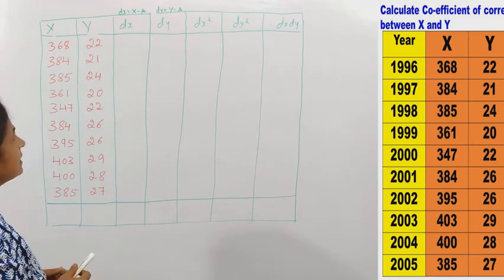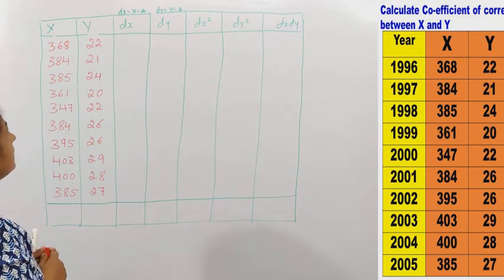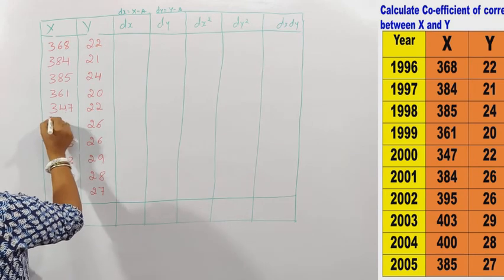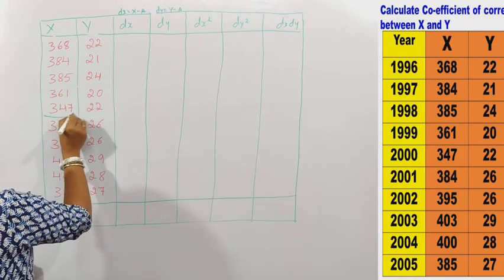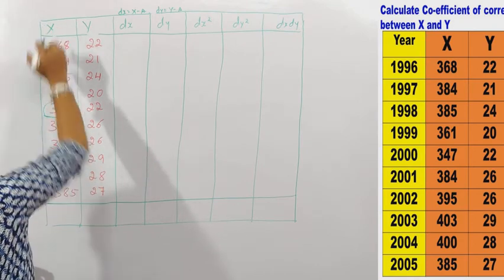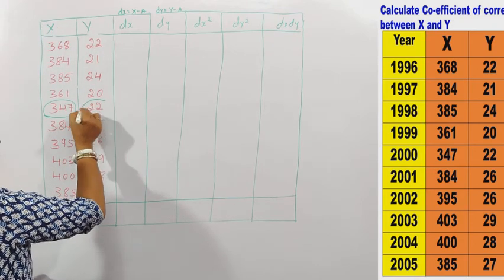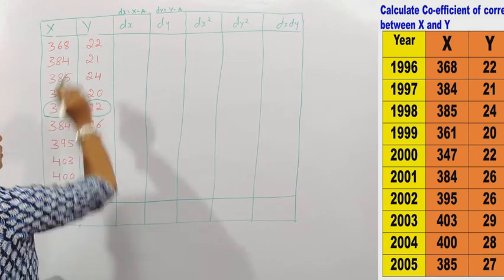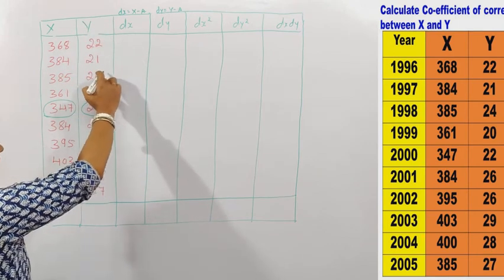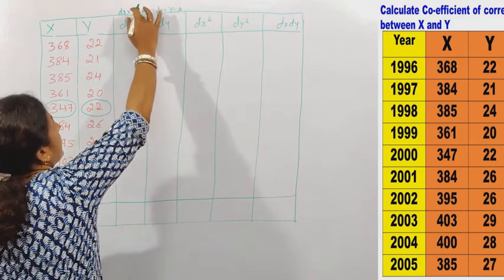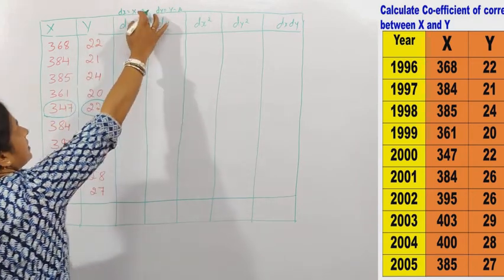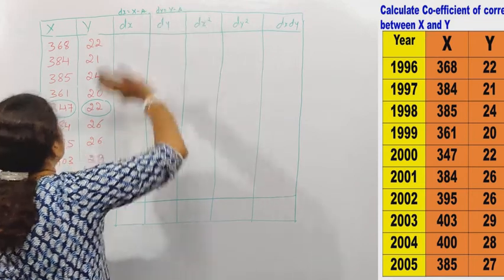So for this problem, let me consider 347 as the assumed mean for the x series and 22 for the y series. Okay. So the a values we got are 347 for x and 22 for y.